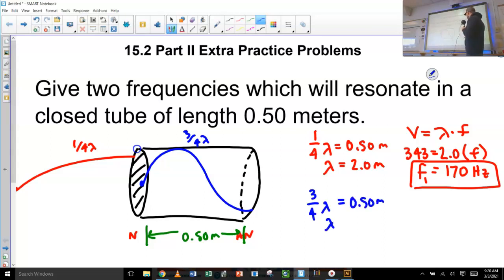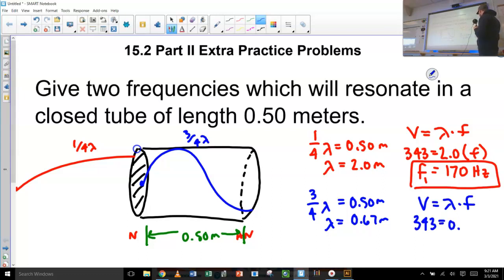That means that a wavelength, you multiply by 4 and then divide by 3, is 0.67. So when I use velocity is equal to wavelength times frequency, my velocity is 343. My wavelength is 0.67, and now I can find my frequency f. So that second frequency turns out to be 510 hertz.